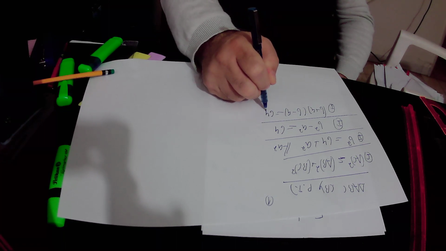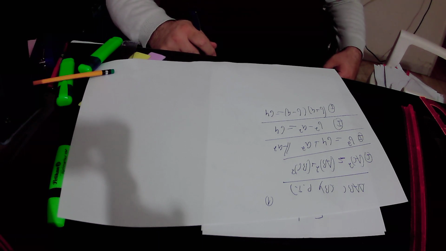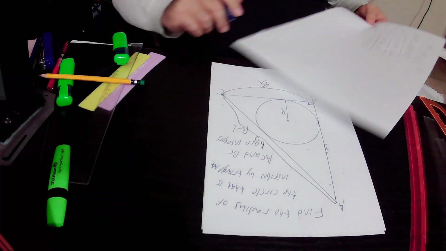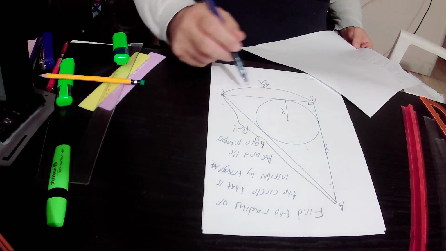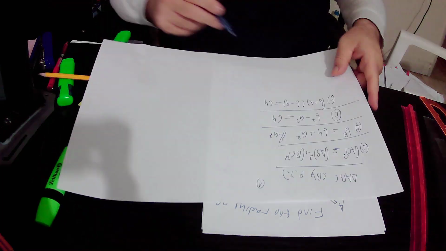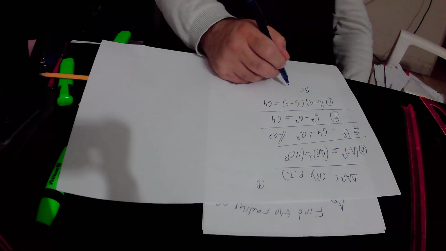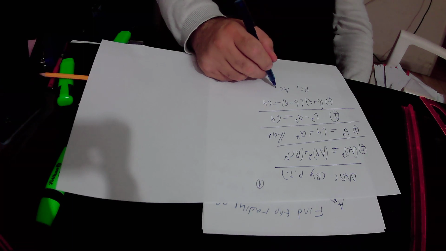So actually, we know, according to what is given in the question, BC and AC are integers. I'll write it down here. The length of side BC and the length of side AC of the right triangle ABC are integer numbers.